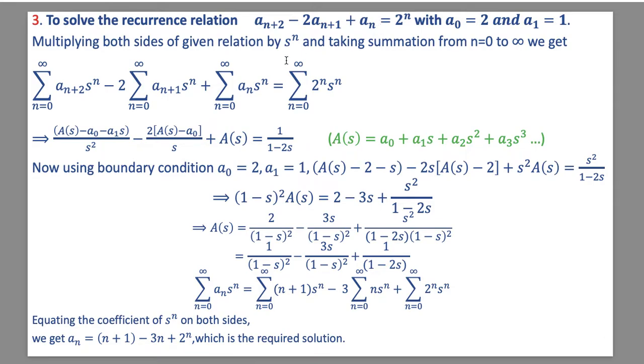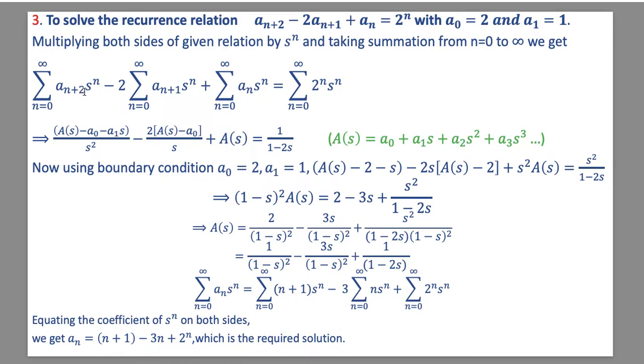So in this case, this will be sigma n equal to 0 to infinity a_{n+2} s^n, minus 2 sigma n equal to 0 to infinity a_{n+1} s^n, plus sigma n equal to 0 to infinity a_n s^n, equal to sigma n equal to 0 to infinity 2^n s^n.